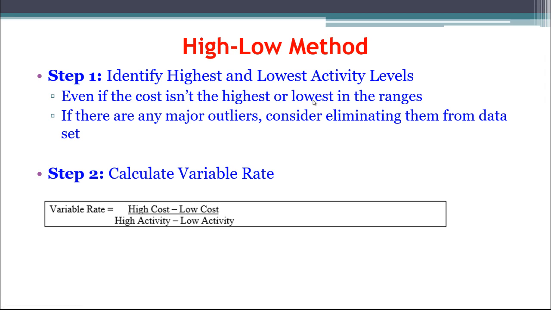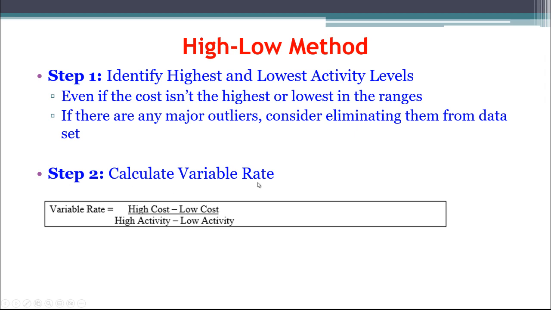You'd think that it generally is. If you have the highest activity level, it's generally the highest cost as well. But that may not always be the case, and we're really not concerned if it is or isn't. We want the highest and lowest activity levels, and then whatever cost corresponds to those levels. Now, if there are any major outliers where, when you plot it on a graph, something just seems way out of whack, you might want to eliminate that from the data set.